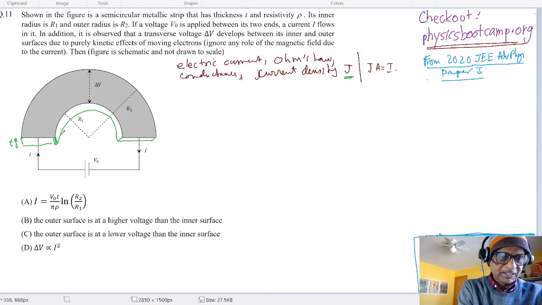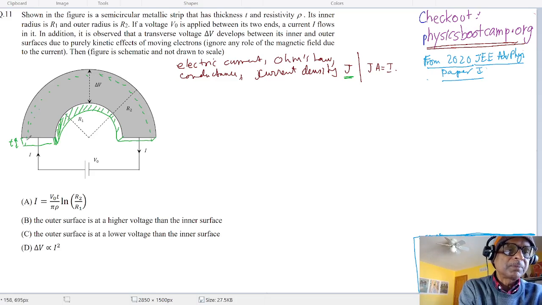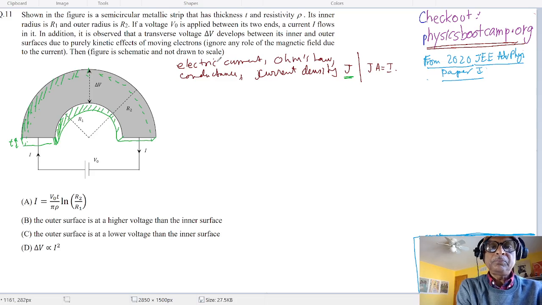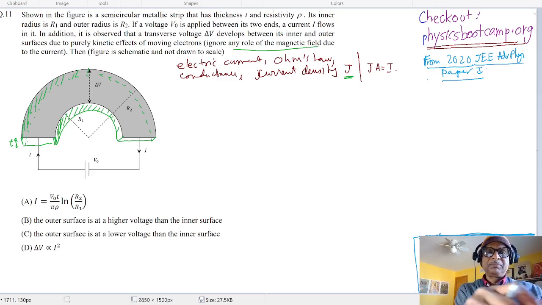There's a voltage that sets up between this inner edge and the outer edge behind here. That voltage is delta V, and we're supposed to ignore the magnetic field generated by these currents.